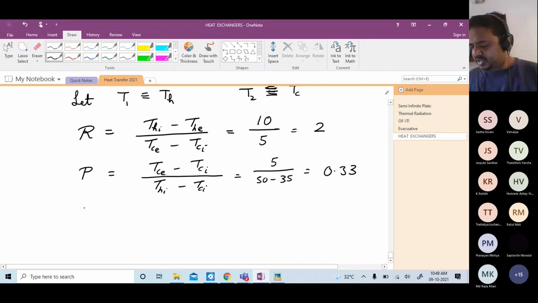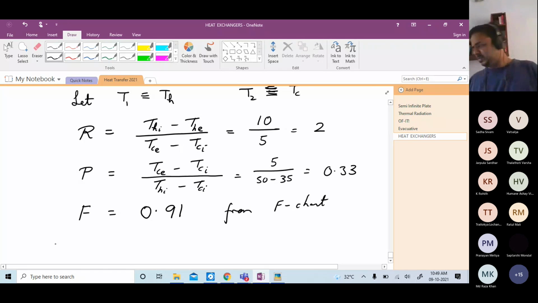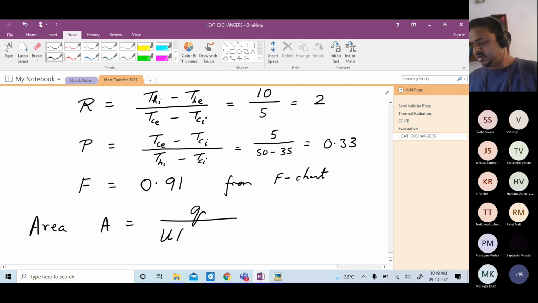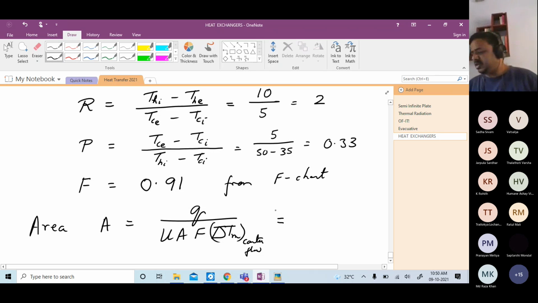So from the chart I can write F is around 0.91 from the F chart. So now go back and write, therefore area A equal to Q divided by U F delta Tm of counterflow. Finally, you will get it to be 1.77 meters squared.